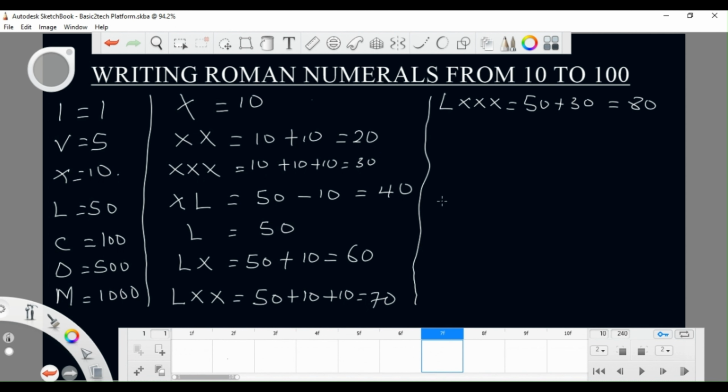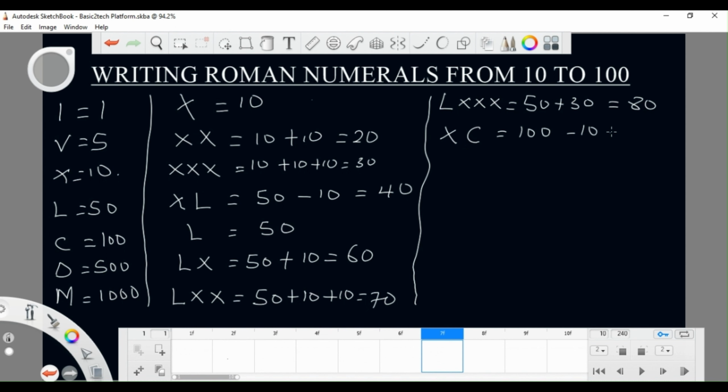Now, to get our 90, what do we do? Remember, I have C as 100, X as 10. So if we subtract 10 from 100, that should give us 90. So that means that if we are subtracting, the small symbol must come before the big symbol. So X comes first, then our C. This means that C is 100 minus X is 10.